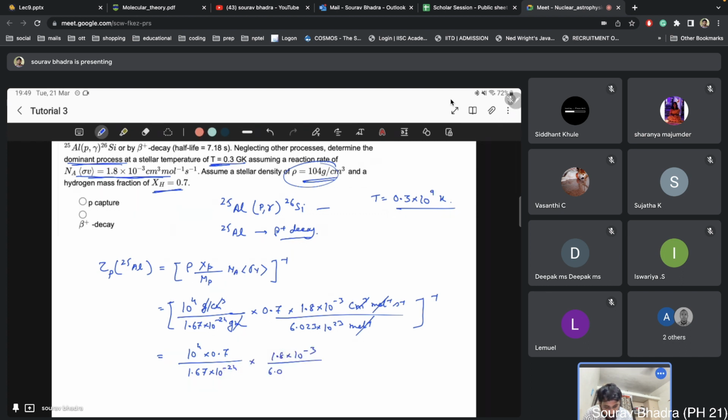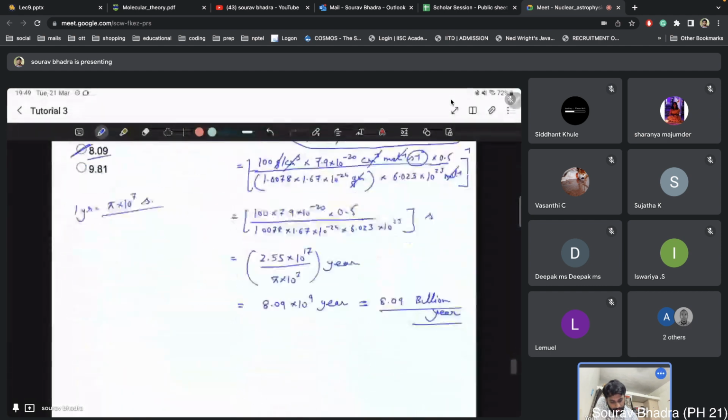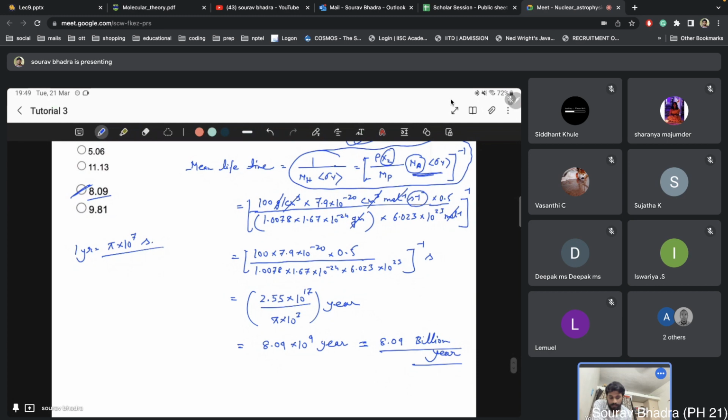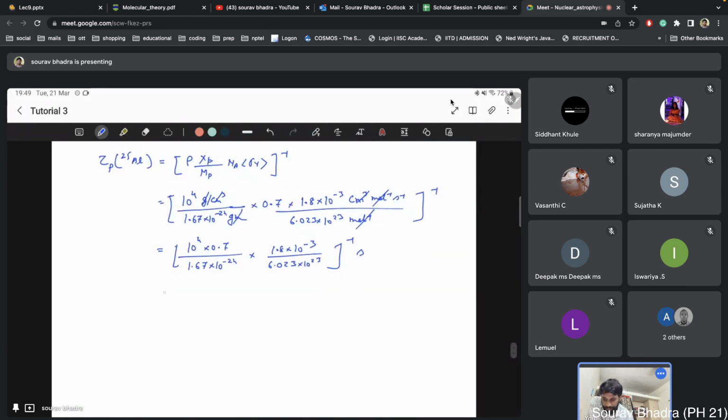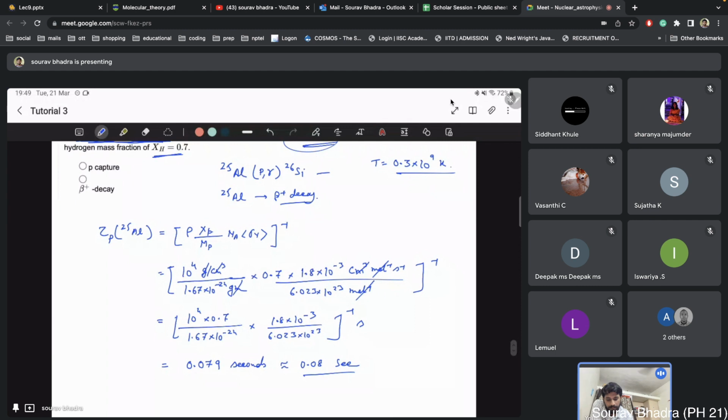I am just rewriting that in a fresh line to take that second out of the inverse. Oh, that inverse I missed. Have I missed it here also? Yes, so that inverse will be there. So that will give you 0.079 second, or 0.087. So the proton capture has a lifetime of 0.08 second.